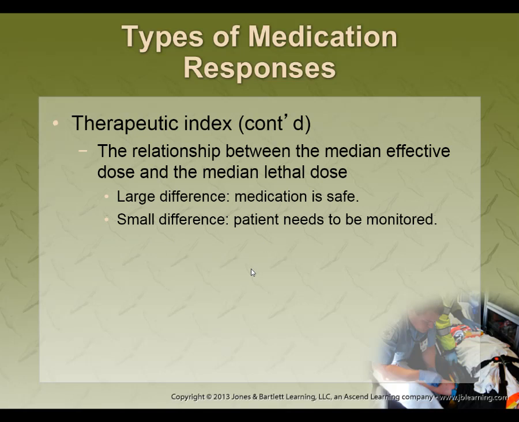The relationship between the median effective dose and the lethal dose, sometimes there's just a little bit, and sometimes there's a huge difference. Like lithium has a very narrow window between the therapeutic dose and the toxic dose.